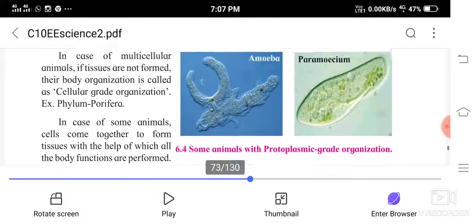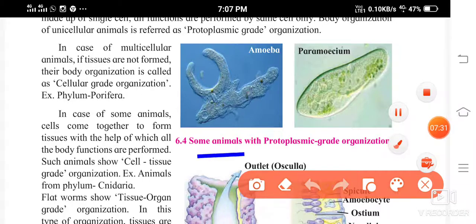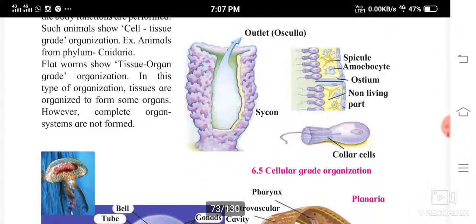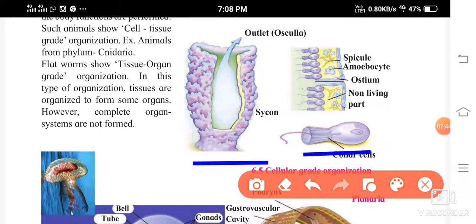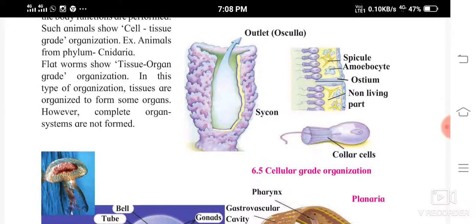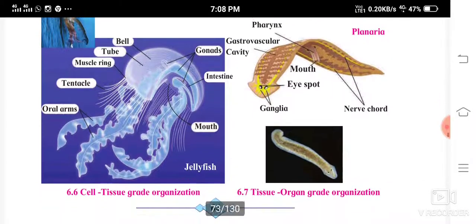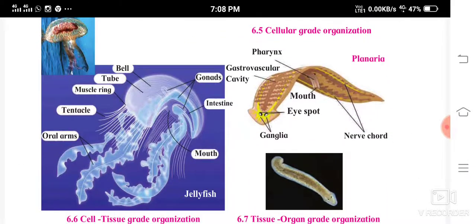So you can see over here some animals with protoplasmic grade organization like amoeba and paramecium. Then see cellular grade organization. You can see over here. Then the cell tissue grade organization.